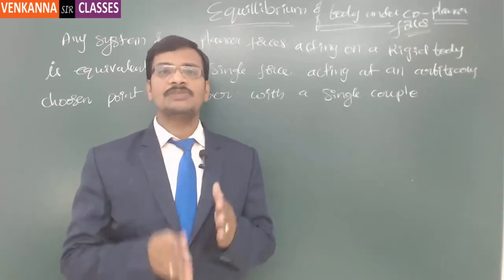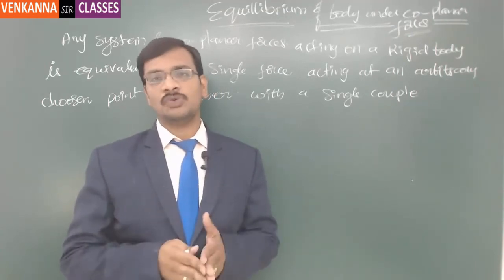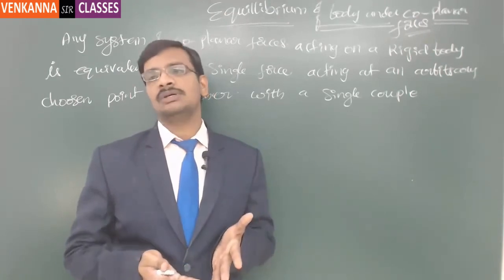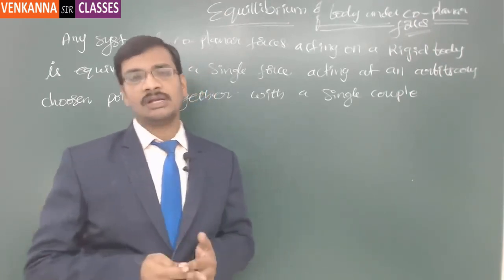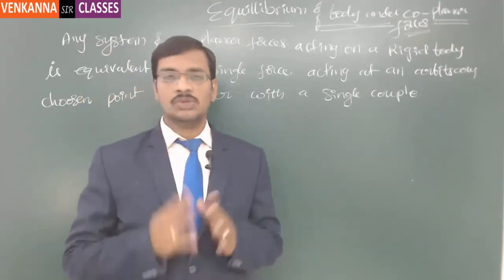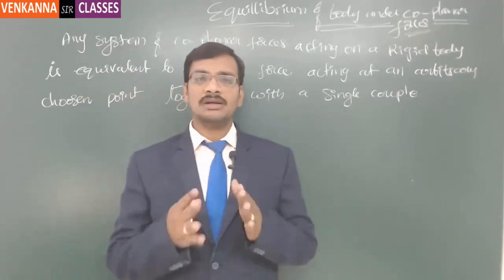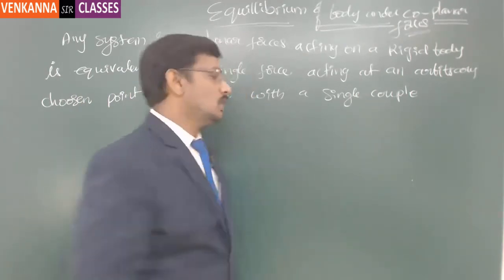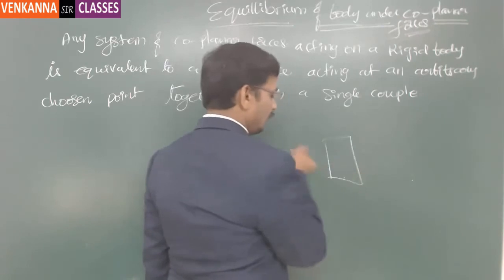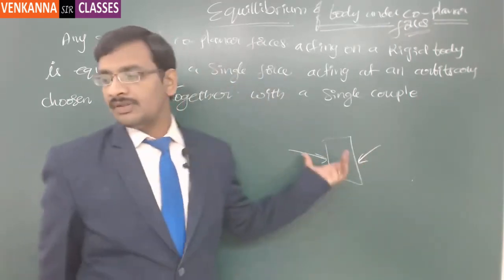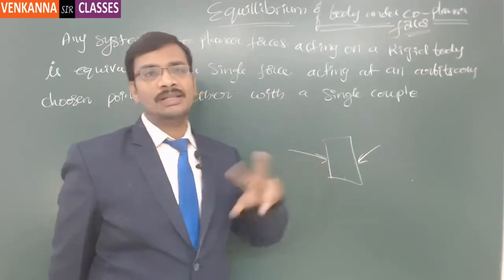Suppose the angle of operation of these forces on the body is different, then there might be a chance that rotational motion also comes in, and then we can say that the body is not under equilibrium condition. So to assure that the body is under equilibrium with many forces, or to be specific, if there are two different forces acting on this particular body, then for that we built two different rules.